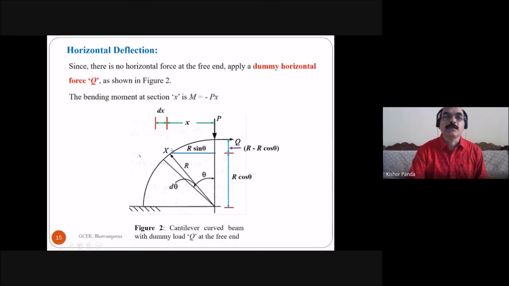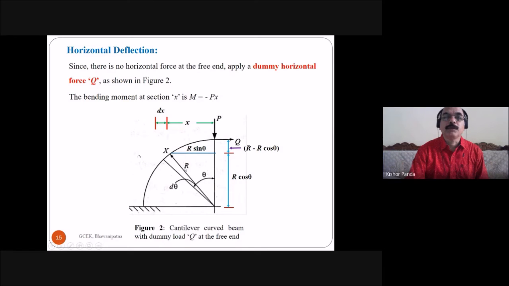So you are taking a section at a distance x from B, and in angular direction, this angle is your theta, and this is the incremental angle d theta, and this length is R into d theta. Along the linear direction, this is your dx. dx is equal to R into d theta. I have explained this already. So what is this length?